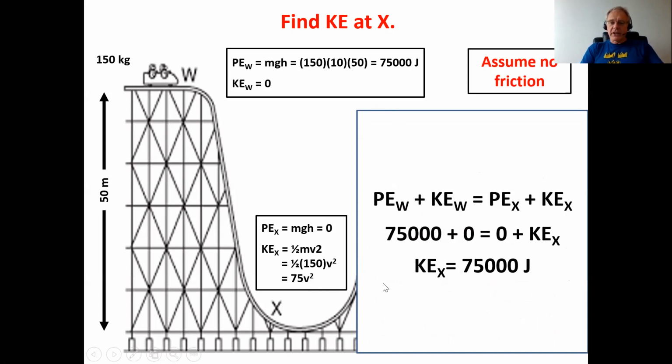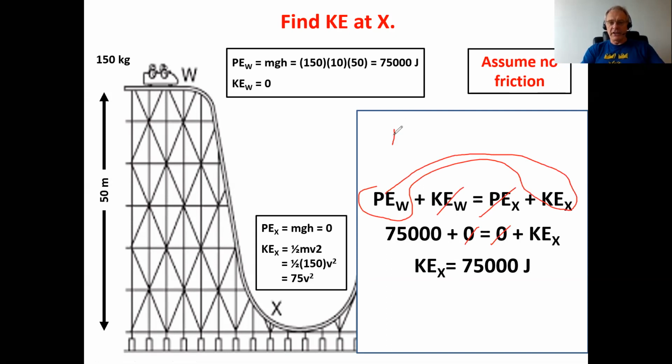Do not make the mistake, please. This is 0, this is 0, so it looks like the potential energy is equal to the kinetic energy. That's not always the case.